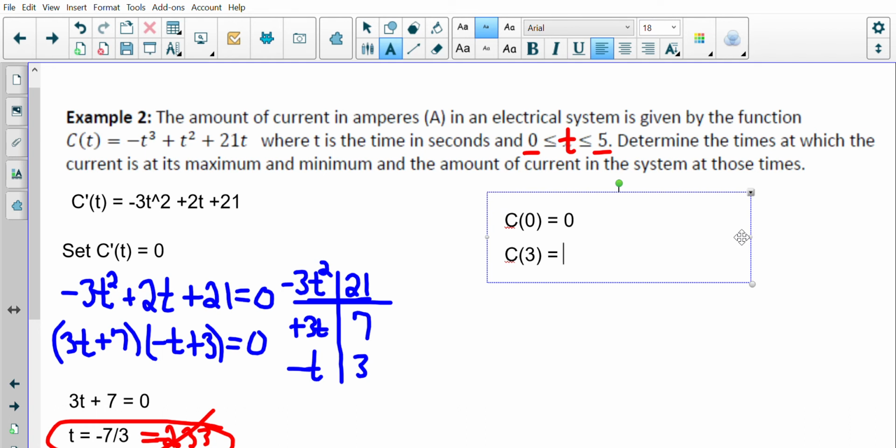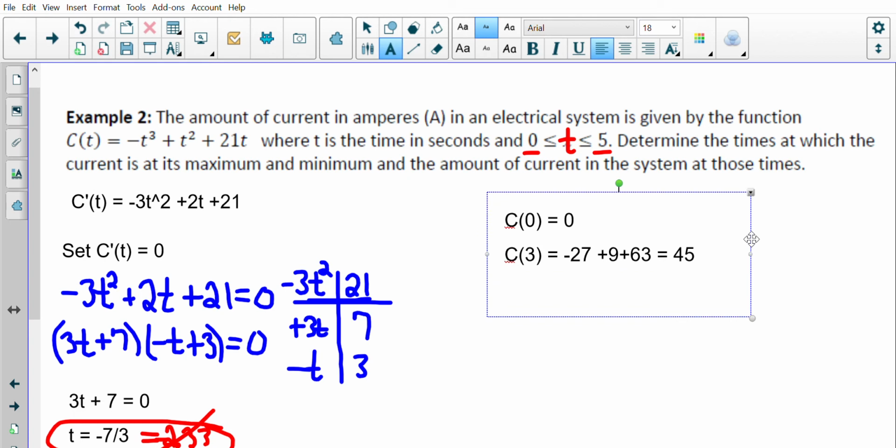So let's see, c of 3: negative 27 plus 9, plus 21 times 3, 63, plus 63, for a grand total of, calculator going, 45 amps.